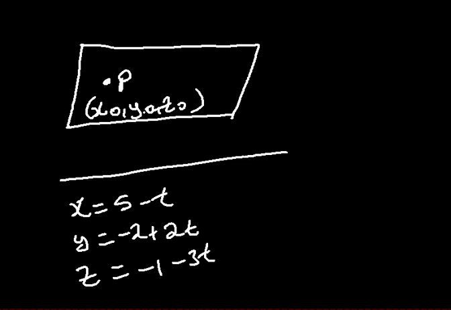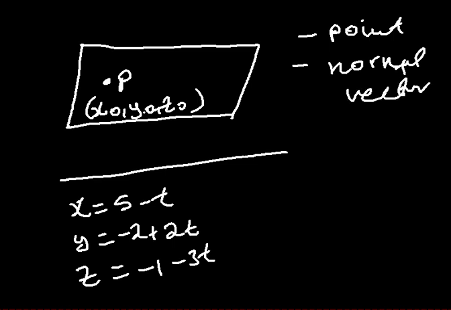We know that the equation of a plane needs a single point, which we already have, and we need the normal vector. So this information will be enough. We have a single point, which is given as this. Now, how should we have the normal vector if that is the case?